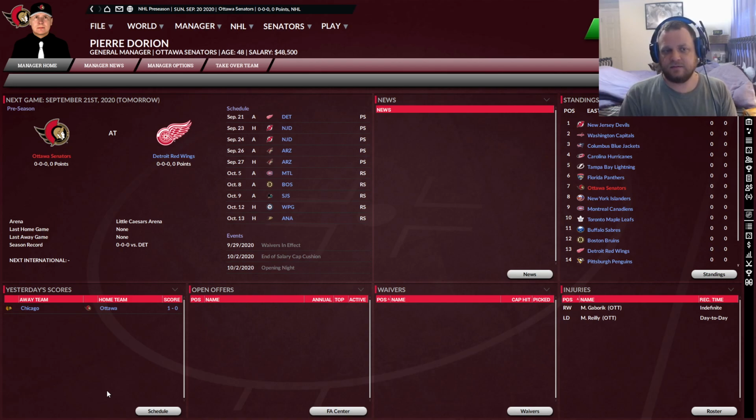Basically, the younger the player is, the more likely they are to be what is called a restricted free agent. What that means is that the team holding the rights kind of holds that particular player's future in their hands.